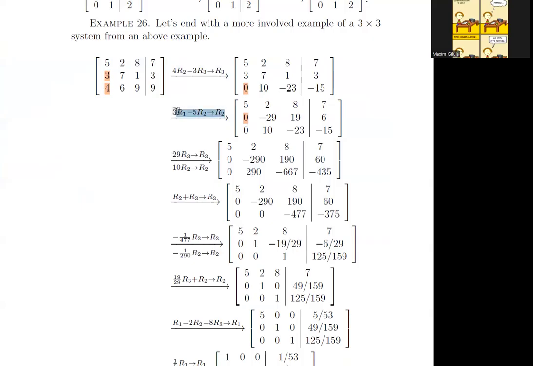And to do that, I computed 3 row 1 minus 5 row 2, and I put it into row 2. Right, so it's kind of like finding a lowest common multiple. So we found the lowest common multiple of 5 and 3, which was 15, in order to get rid of the leading 3 in the second row. So just to write it out, 3 row 1 is 15, 6, 24, 21.